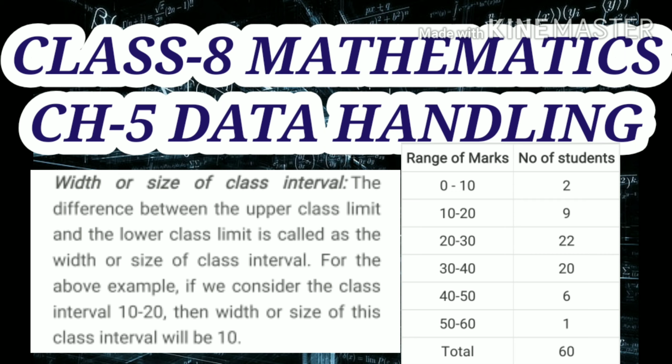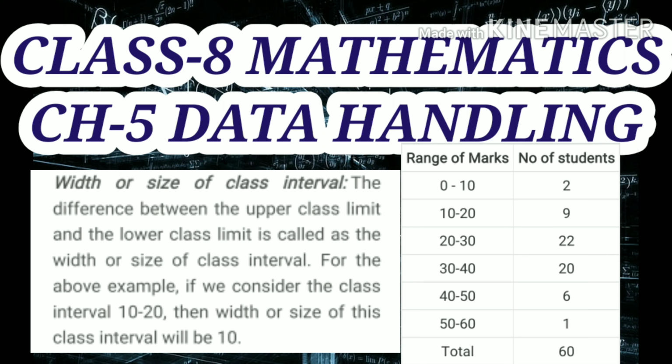For example, if we consider the class interval 10 to 20, then the width will be the difference of upper limit and lower limit. When you subtract 10 from 20, you get 10. So the width or size or class height of the given class interval is 10.